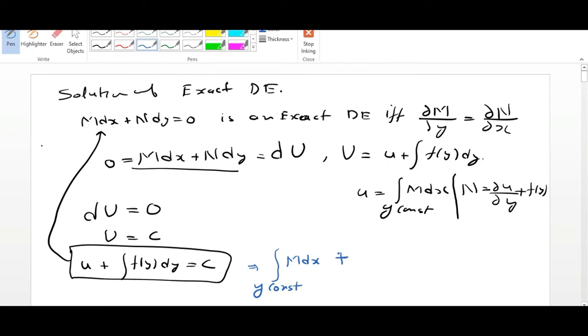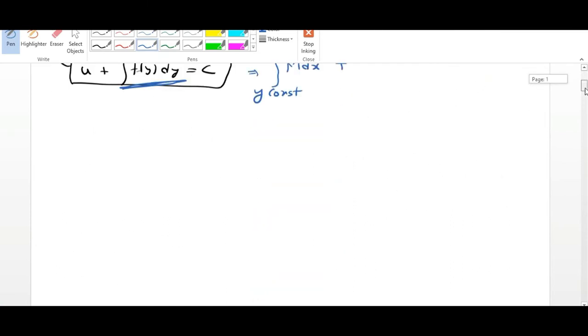Now tell me, what is the integral of f(y) dy? How can you find the integral of f(y) dy? So I put the value of u. Now let us see how we can find the value of this integral of f(y) dy.